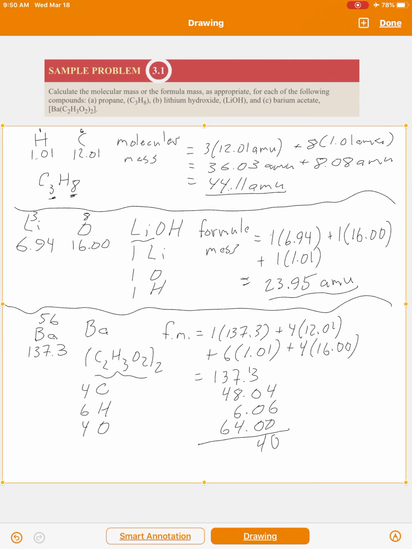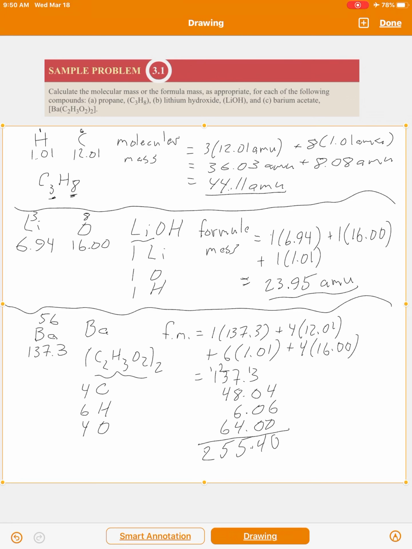Carry that over, that's a 4. 7 and 8 are 15. 15 plus another 10 is 25. Carry the 2. 2 plus 3 is 5, plus 4 is 9, plus 6 is 15. So it looks like it's 255.40.